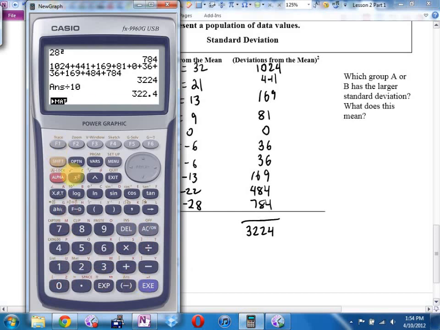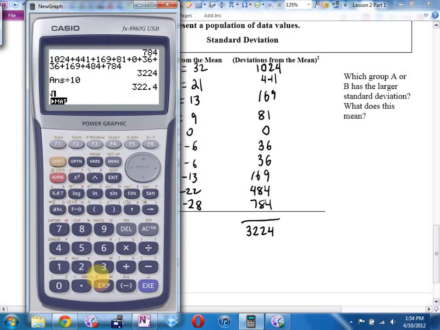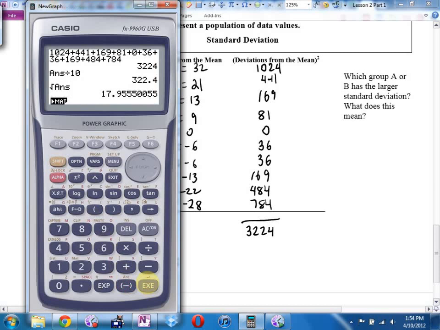Square root, second function x squared, shift x squared, if you haven't found the square root button yet. And answer button is second function negative sign. You get 17.96? No? Yes? Yep.